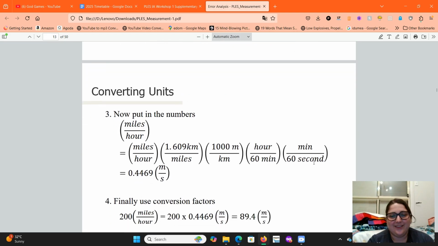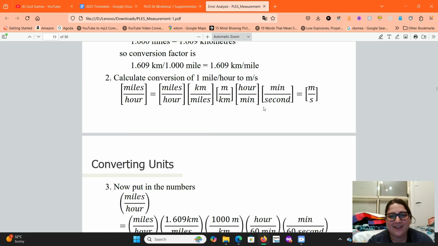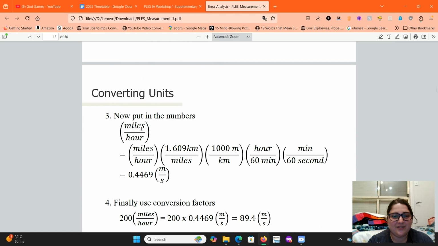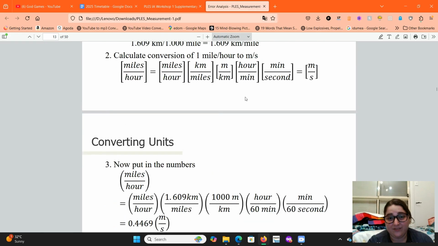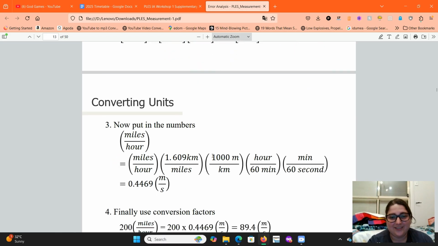When you see this massive thing, what you need to do is fill in what you know: the kilometers per mile, how many meters a kilometer is, 60 minutes in an hour, 60 seconds in a minute. You multiply the top ones all together, multiply the bottom ones all together, then divide.